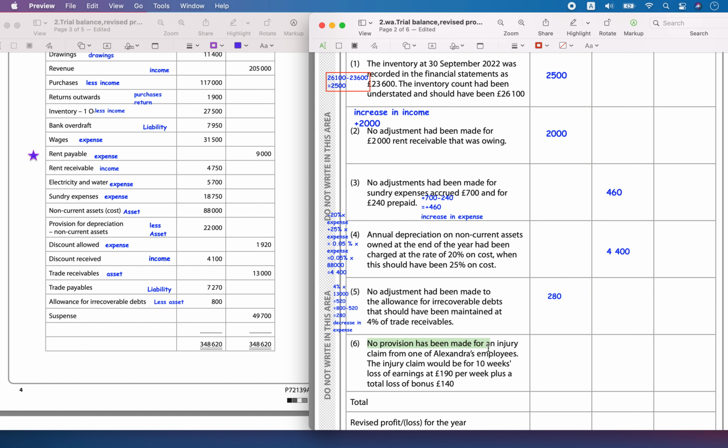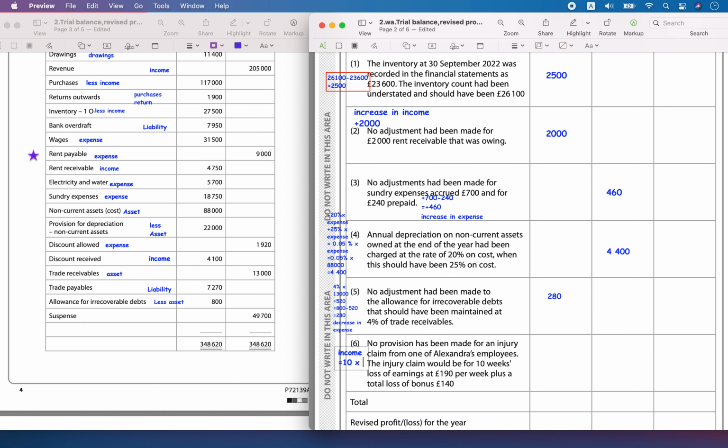Then no provision had been made for an injury claim from one of Alexandra's employees. The injury claim was still left with the business, so the expense was not taken, and this will become an income for the business.